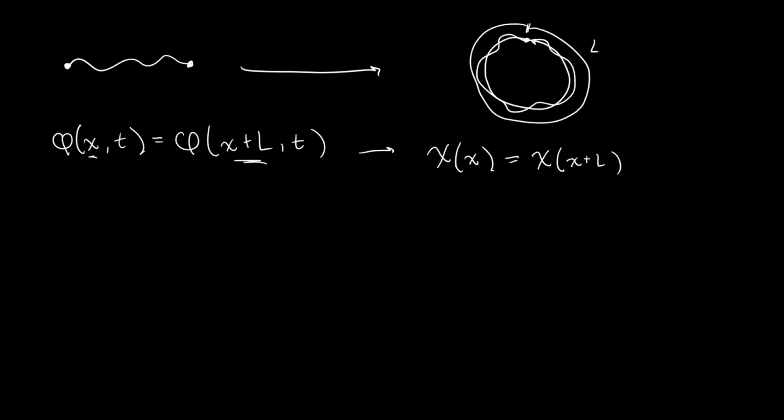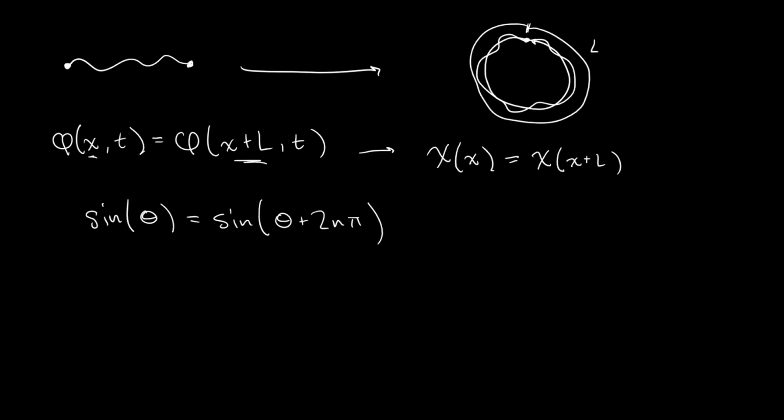And we also know that if I have a sinusoidal function, say sine of theta, this has to be equal to sine of theta plus 2n pi. Right, because that's the idea of a sine, it's oscillatory.